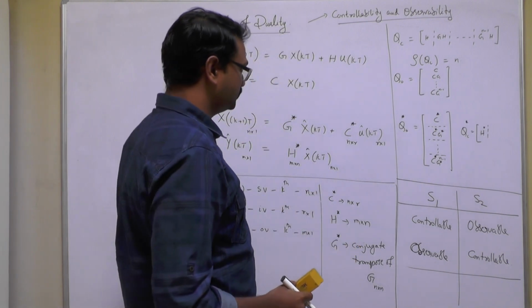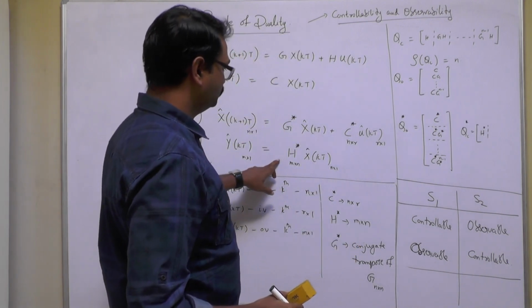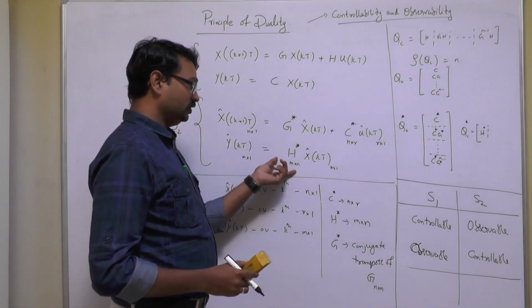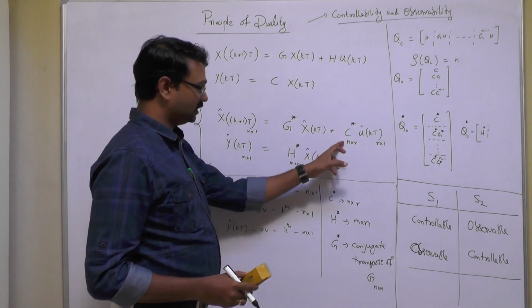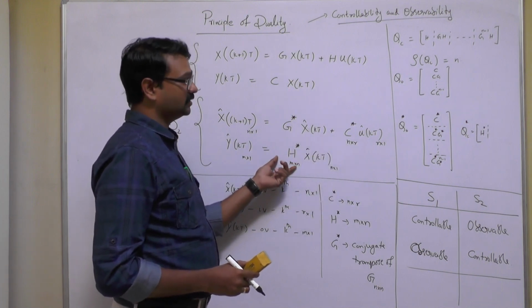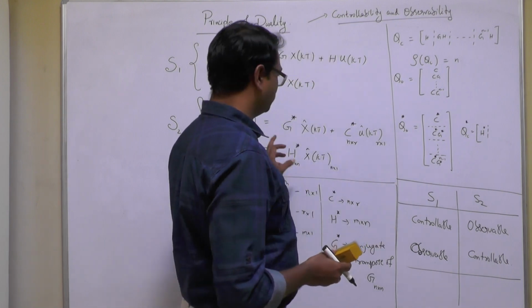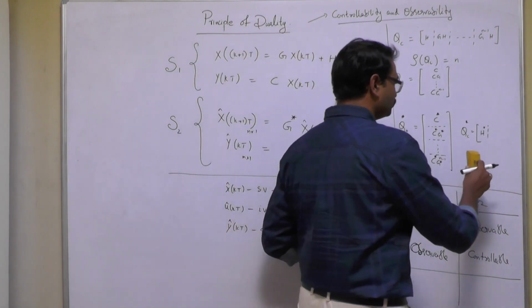In place of H you have C star, and in place of C you have H star. So you have to replace those in the equations here. H star here is C star, right?